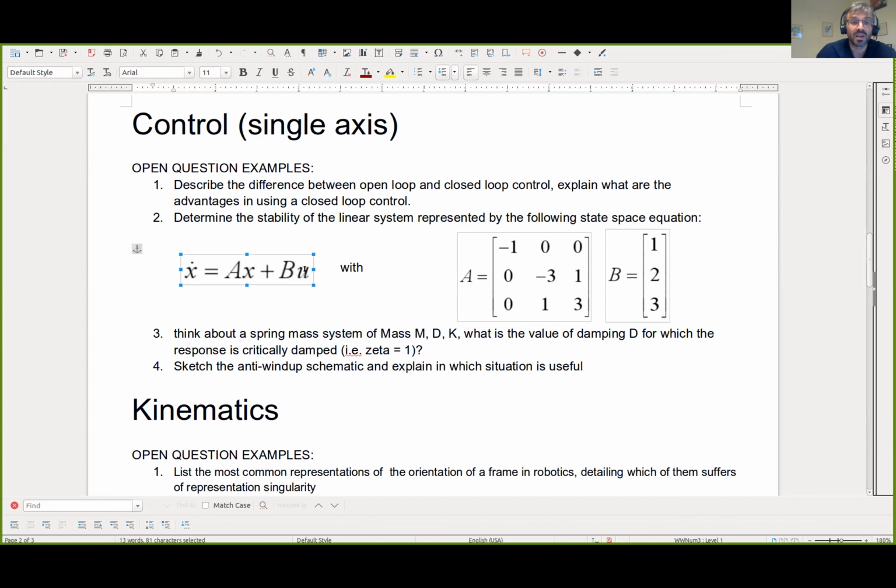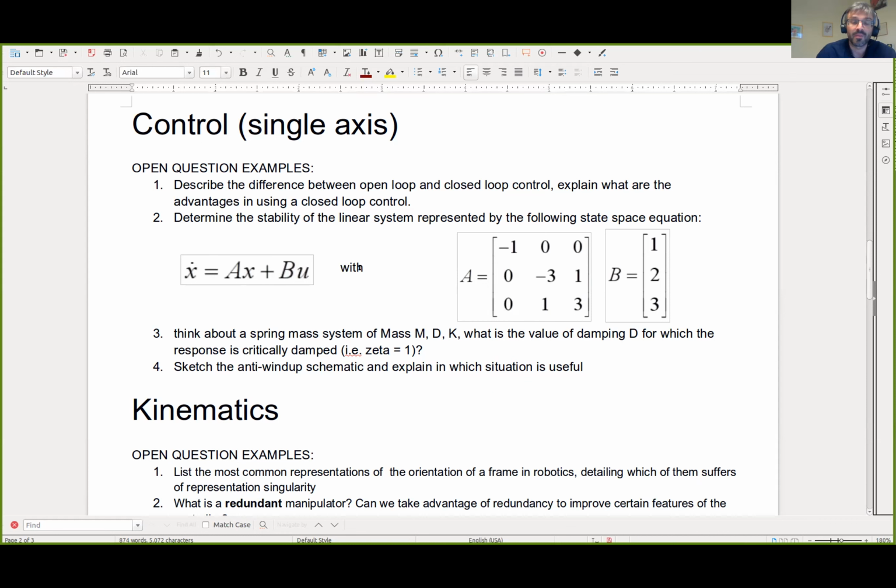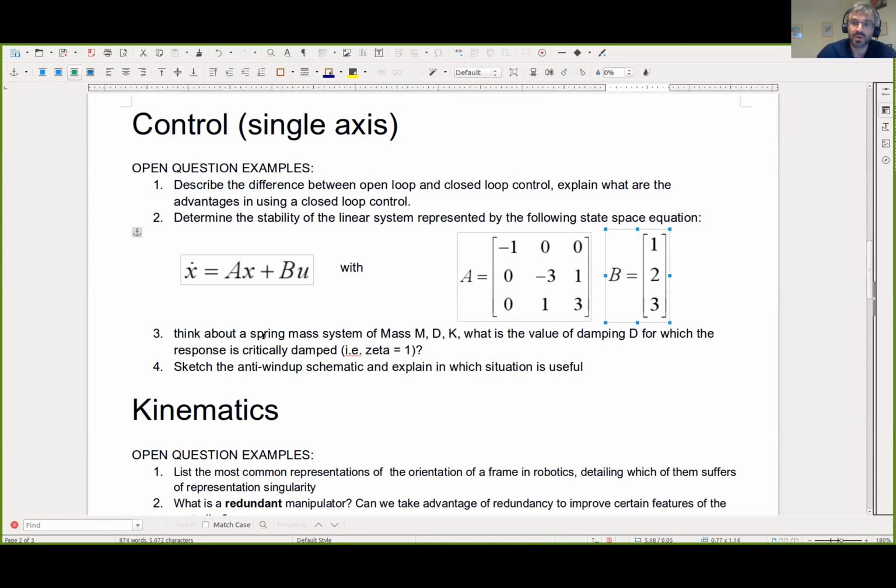In this case, you need to compute the eigenvalues of the system, that are the determinant of the matrix sI minus A, and see if the eigenvalues have a negative real part. So you need only the A matrix. The B matrix is put there just to confuse you.